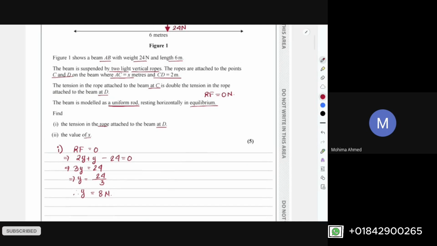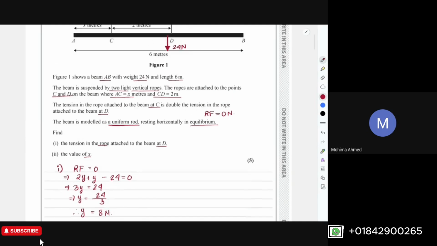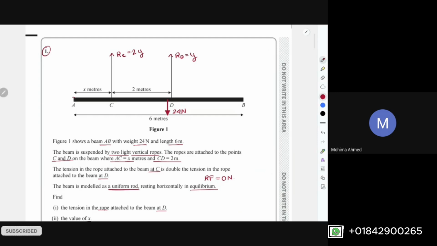For part B, now they were asking to find the value for x. I can easily calculate that. I'll try to take the moment about point A. Then I just have to think about what distance each force makes with the pivot over here. I understand that this is going to be upward. If you eliminate all the other forces, this 2y force will make the beam move in the anticlockwise direction. This would also make the beam move anticlockwise.